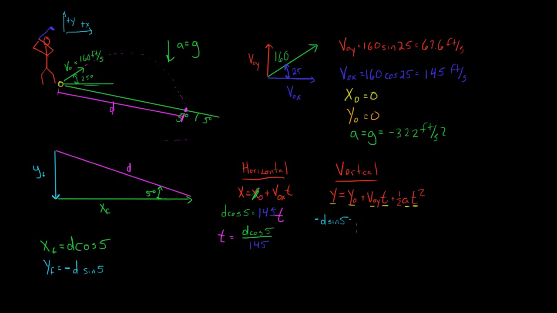This is equal to an initial position, which is 0, plus our initial velocity in the y direction, 67.6, times time. We substitute our equation in for time, so we have times d cosine of 5 divided by 145.